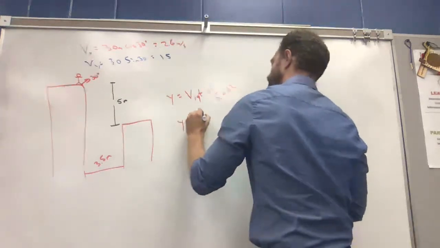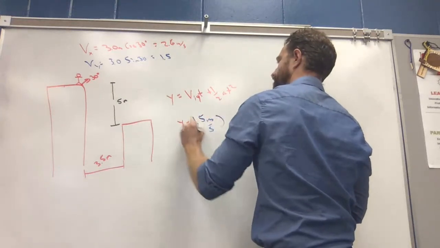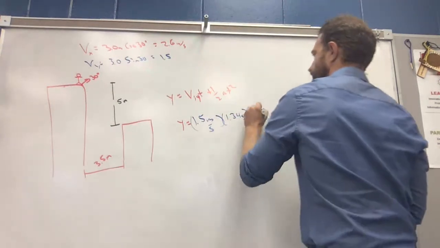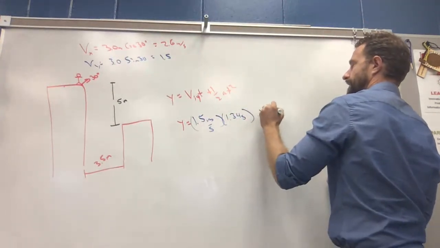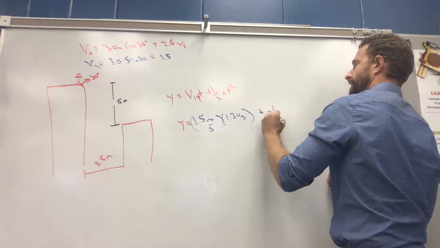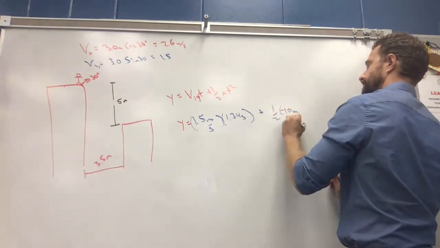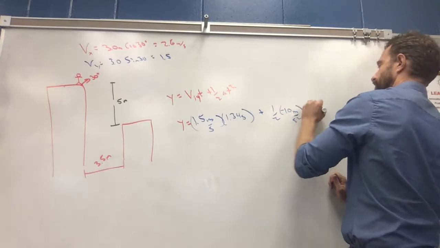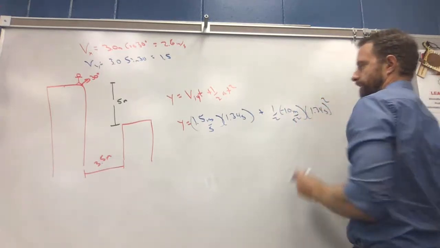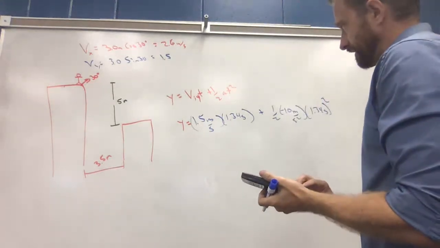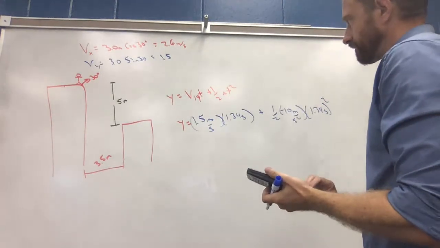So 1.5 meters per second times the 1.34 seconds plus a negative 1/2 times 10, well, the negative is here, negative 10 meters per second squared times 1.34 seconds squared. So we go 1.5 times 1.34.